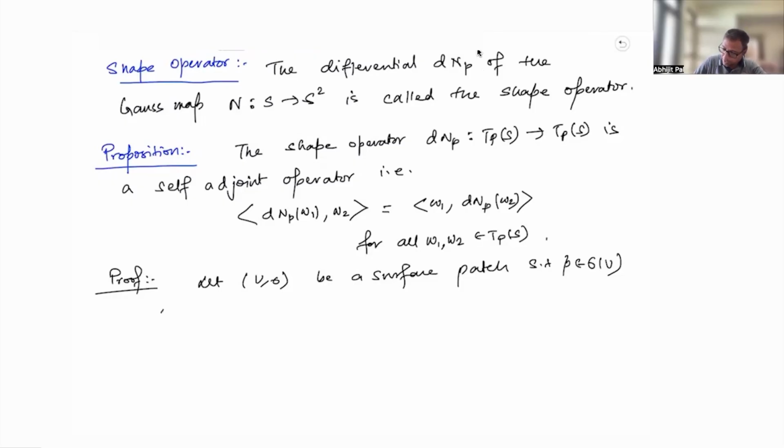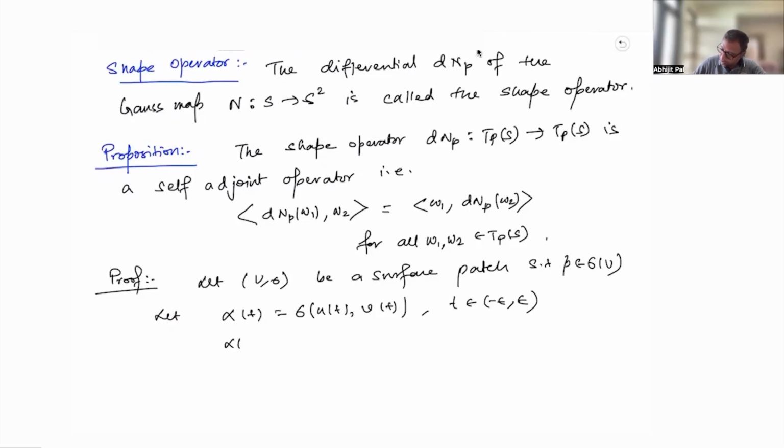And let alpha(t) equal sigma(u(t), v(t)), where t varies in the interval minus epsilon to epsilon.